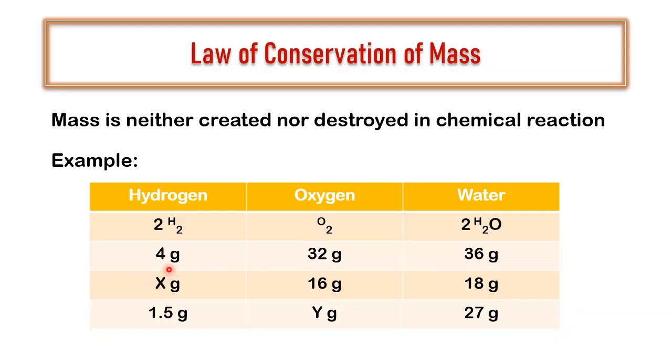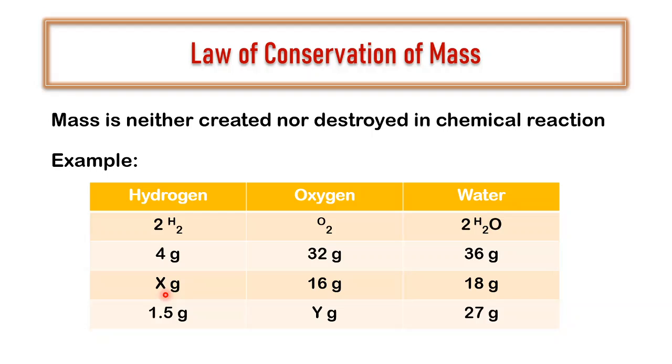Considering this as a representative example, if I ask what will be the mass of H2 reacting with 16 gram of O2 giving you 18 gram of water, you can guess the simple answer will be 2 gram.